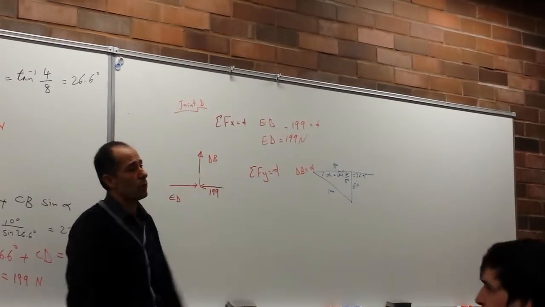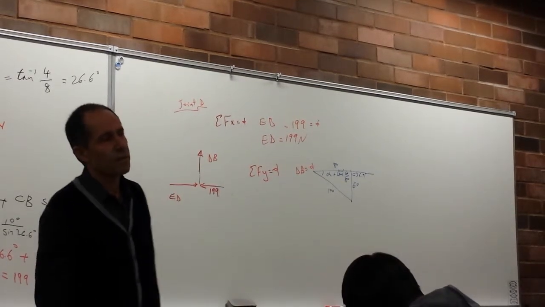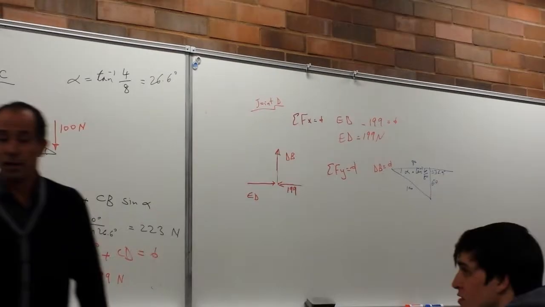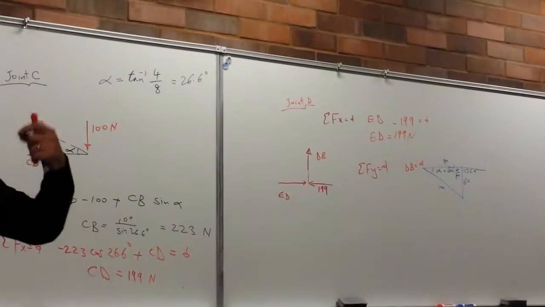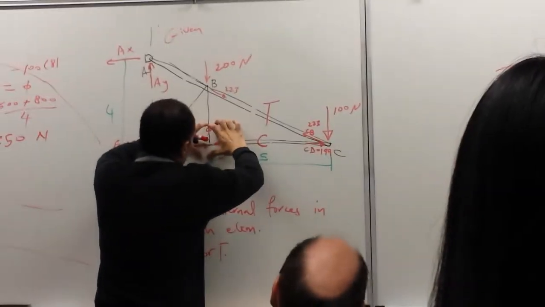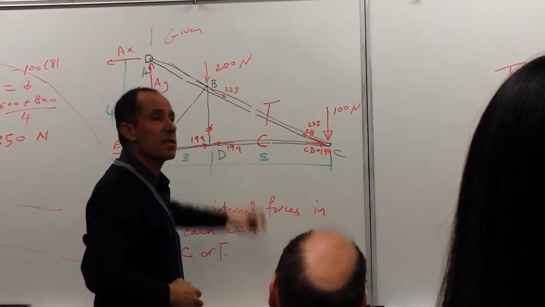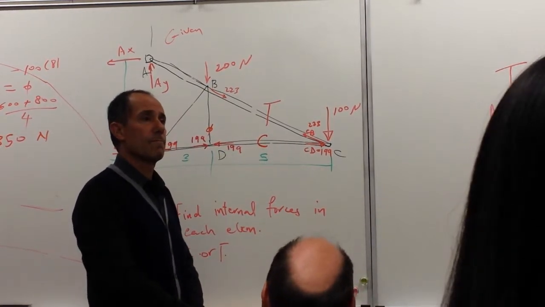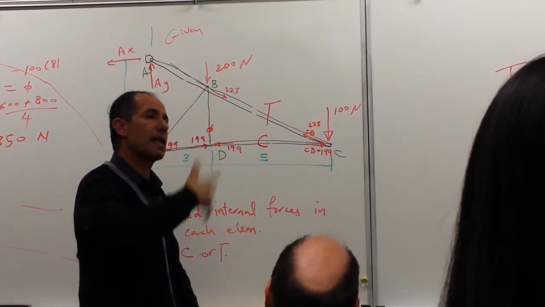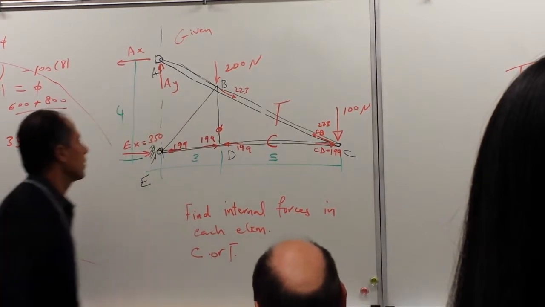So this is 0. Make sense? Clear as mud. It doesn't make sense because you visualize the whole structure. But if you just cut this one here and look at it, there are no forces on Y, so this is 0. We will talk about zero members later.